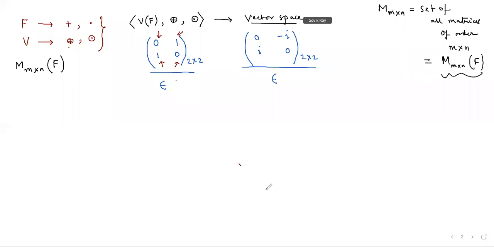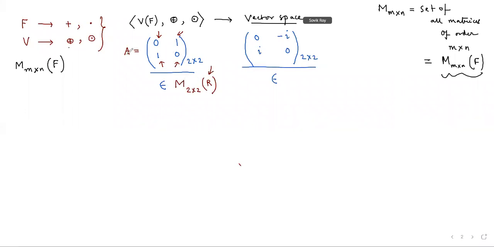So let us denote this matrix by capital A, belonging to the set M2 cross 2, which is defined over the field of real numbers. When I am constructing the matrix, I am choosing the matrix elements from the set of real numbers. If the set of real numbers is not there, I shall not be able to construct the matrix because the elements are then missing.